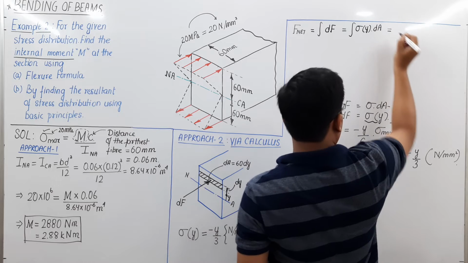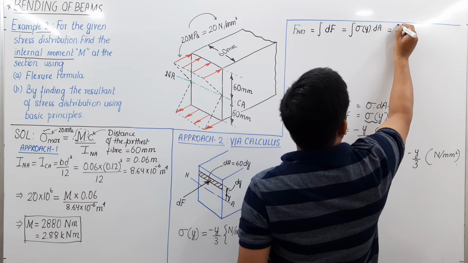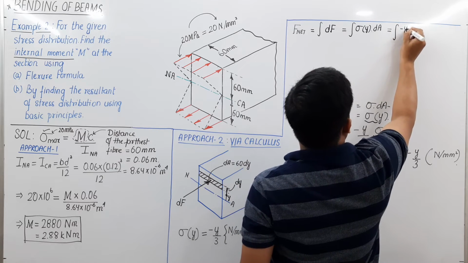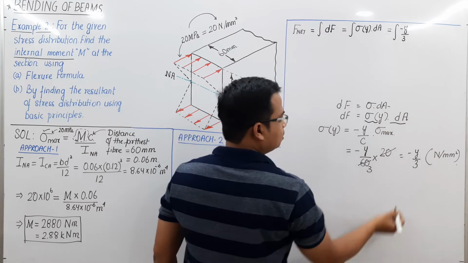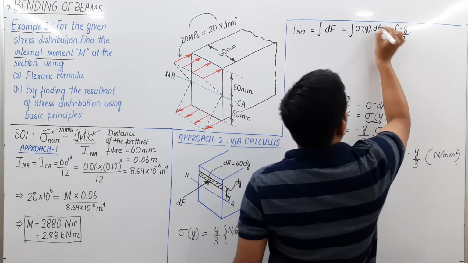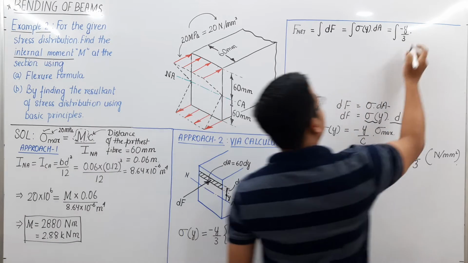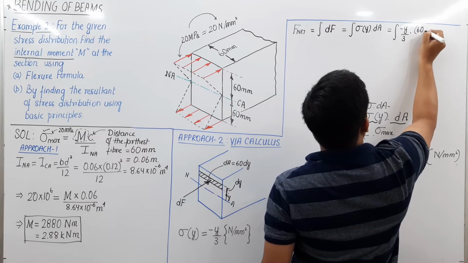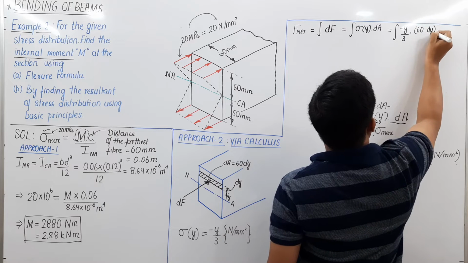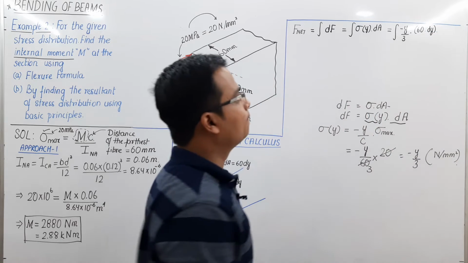So that is going to be equal to, with a negative sign, integration of minus y by 3, times what is dA? So guys, just watch. dA is nothing but 60 dy. Let me plug it in: 60 dy, and there you go.